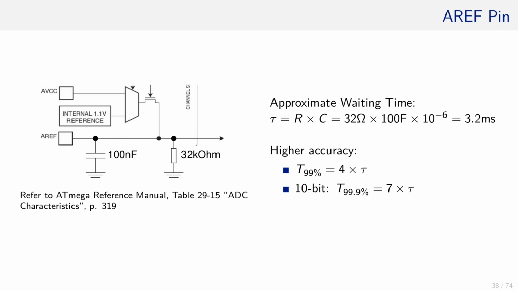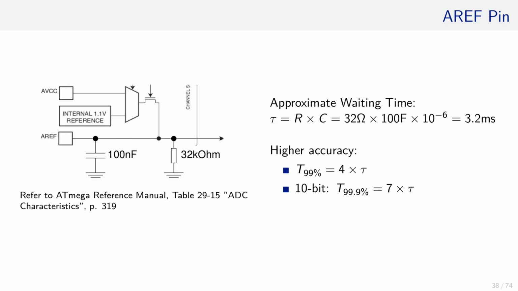The RC constant determines how long it takes till around 37% of the initial charge is still left. In this case, it takes at least 3.2 milliseconds. For higher accuracy, the waiting time increases exponentially since the discharge is not a linear function.